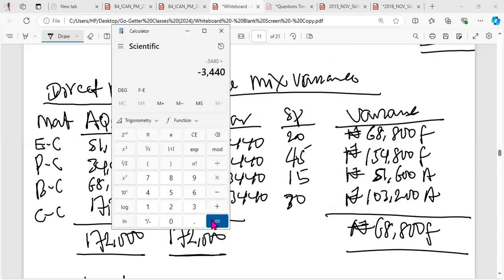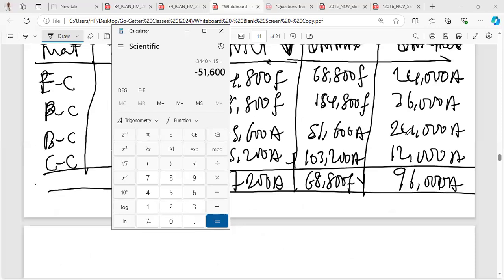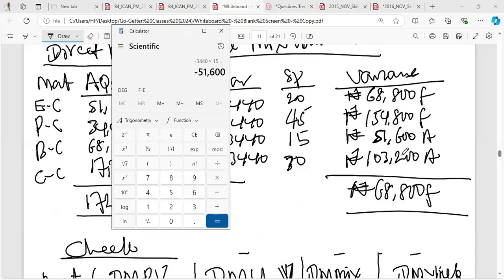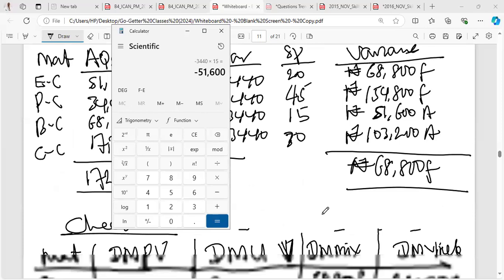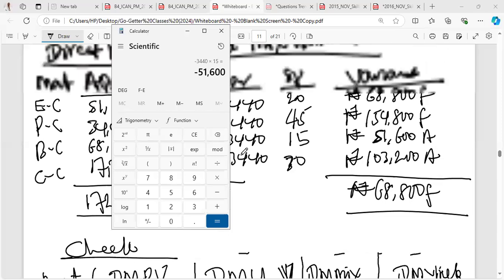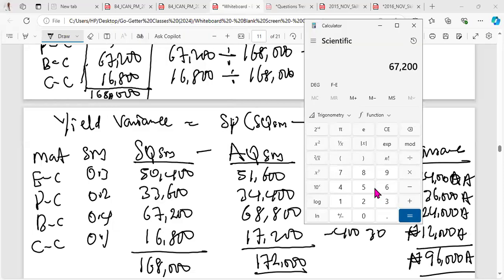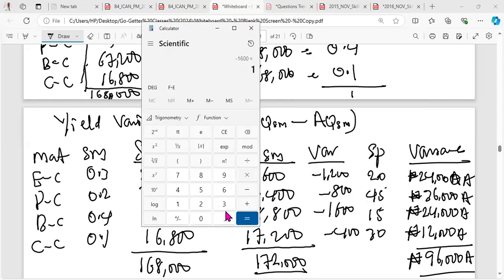Multiplied by 15, I got 51,600. Let me look at the yield again. 67,200 minus 68,800, multiply by 15, not 24.